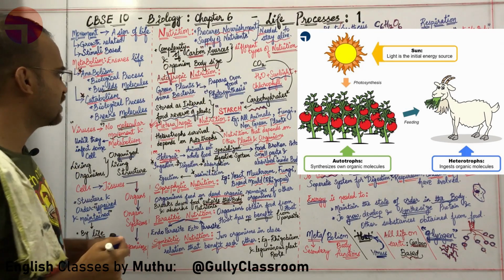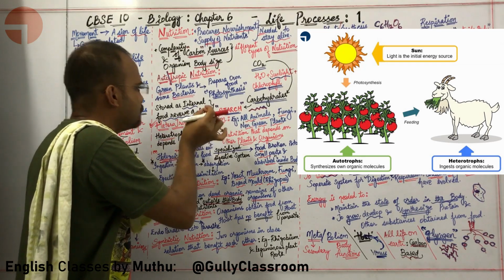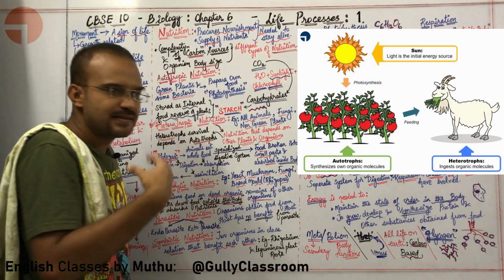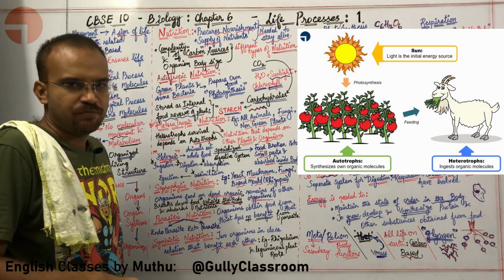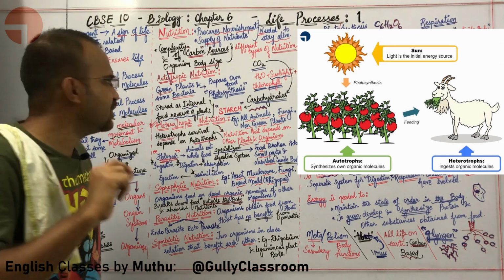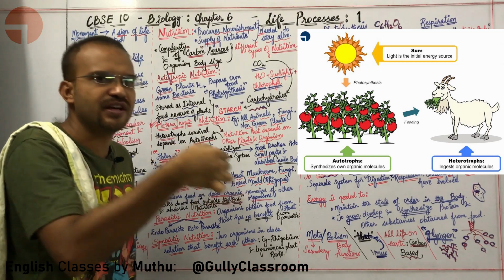Okay, sir. Sir, what is heterotrophic nutrition? Heterotrophic nutrition is simply a nutrition where the heterotrophs, the animals, are dependent primarily on autotrophs for their nutrition, for their food.